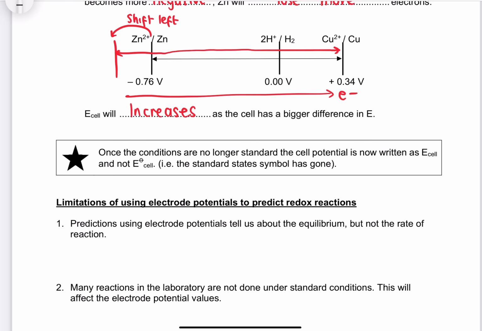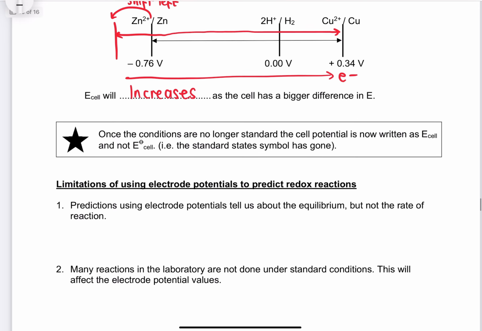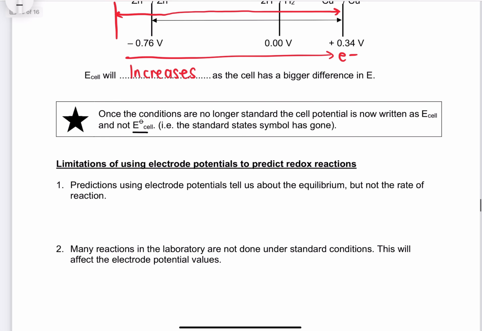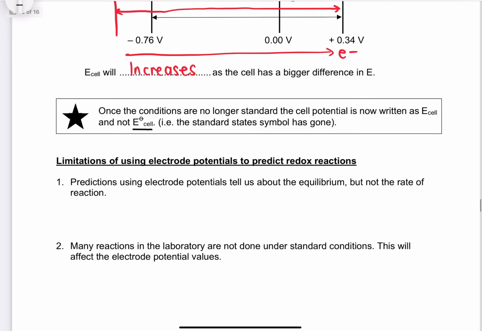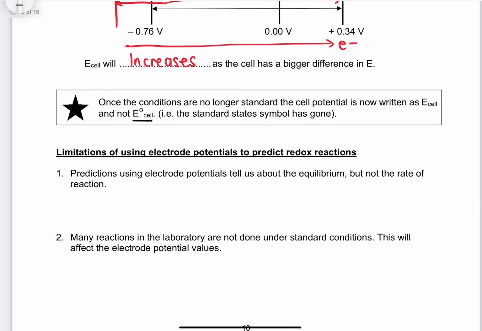Once the conditions are no longer 298 K, 100 kilopascals, and 1 mole per decimeter cubed, you can't use the standard electrode potential symbol anymore because we aren't at standard states. Now, there's this little extra bit at the bottom of the page here, so we just need to put some context to this. If you get a positive value when you do right-hand side minus left-hand side, the reaction is possible.